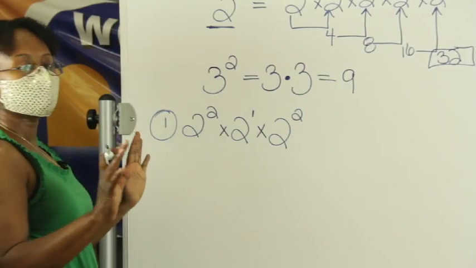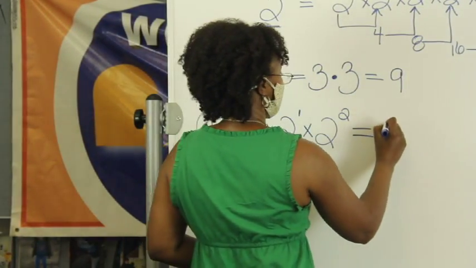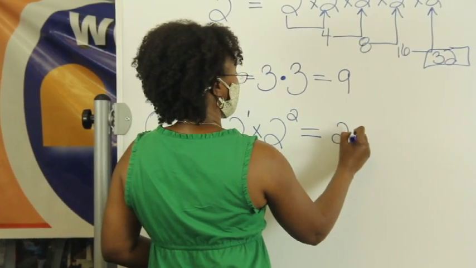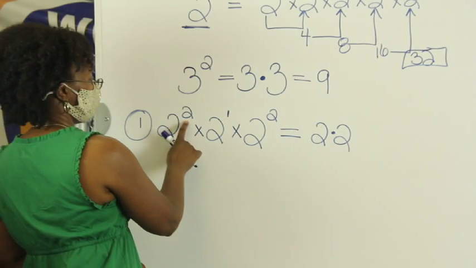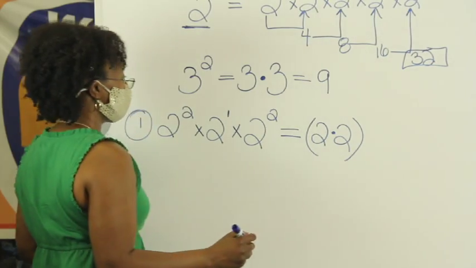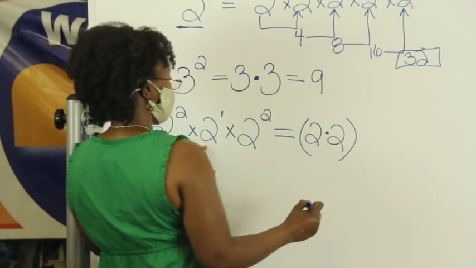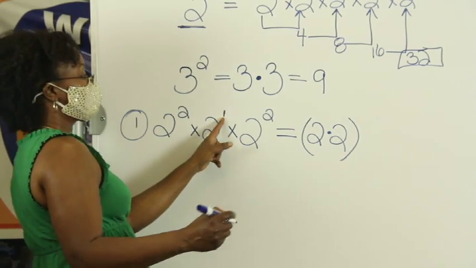Okay, now if we wrote this out the long way, we could do it like this. 2 times 2, because that's the number of times that we have to multiply. I'm just going to put parentheses around it. The next one is 2 to the first power. So how many 2's will we have? Just 1.